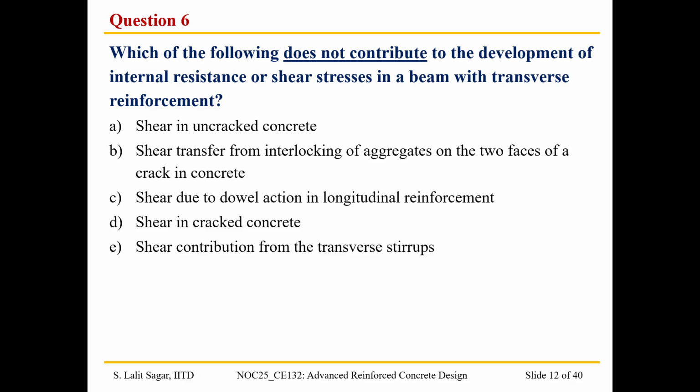So we have a conceptual question. Which of the following factors does not contribute to the development of internal resistance or shear stress in a beam with transverse reinforcement? Kindly look at the options and let me know which of these factors does not contribute to the shear resistance of a cross section with the stirrups.